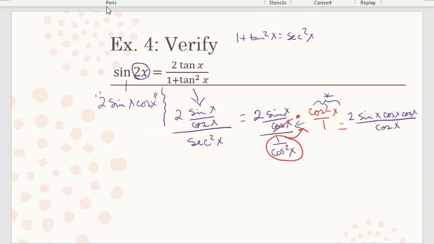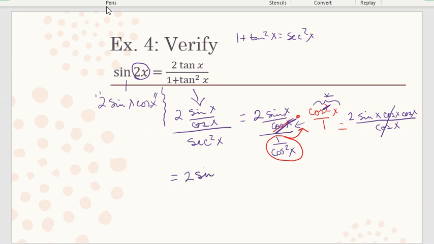And technically cosine x times 1, but I don't need the times 1. So this cancels, or you can cancel it with the last one, which would have meant this canceled right here with this squared piece. So you could have taken a little bit of a shortcut there, not much.